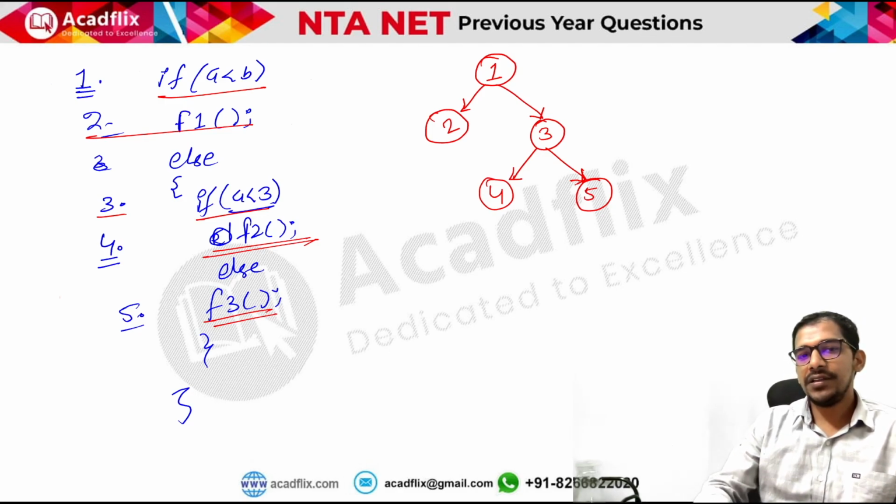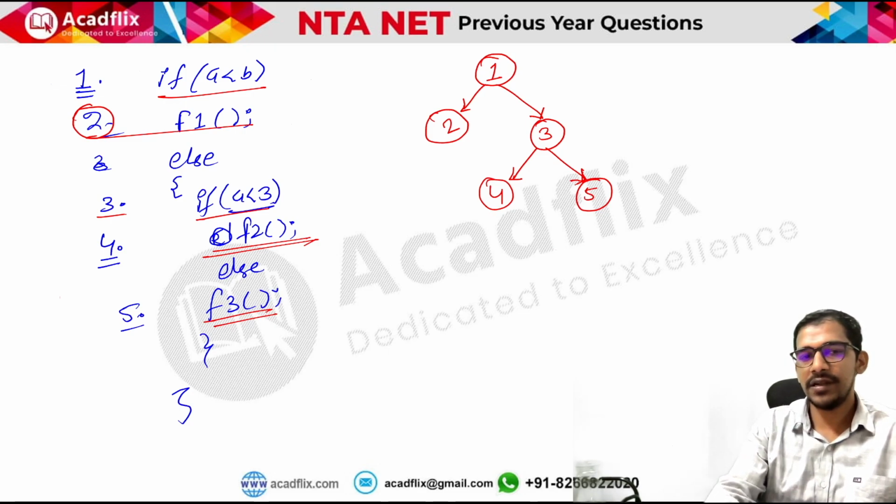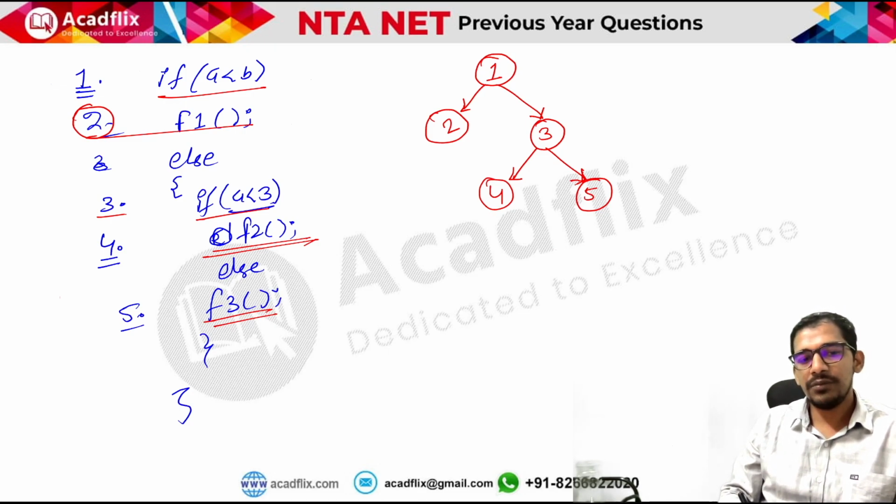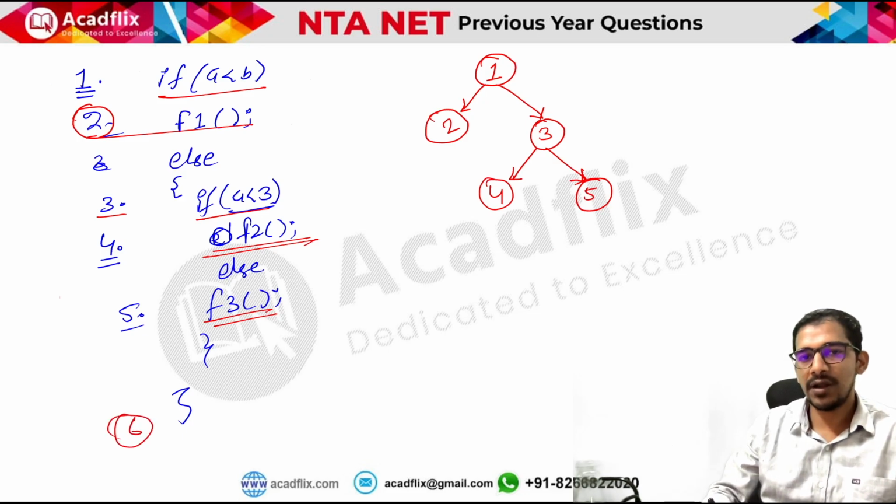So how many regions are there in this program? From the second node, if the condition is true, you can directly go to statement number 6, when the program will be completed. So the program may also be completed after 2, which means that if this condition is true, then you do not have to go to the third statement.